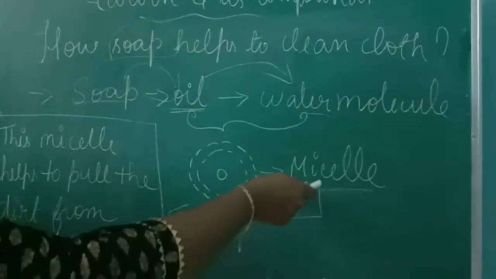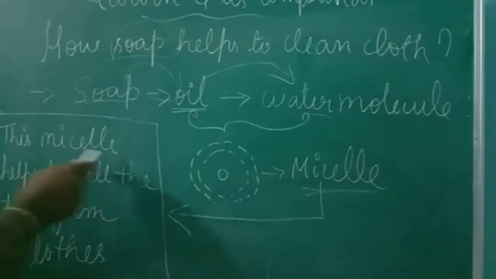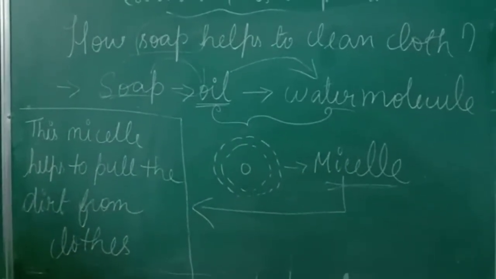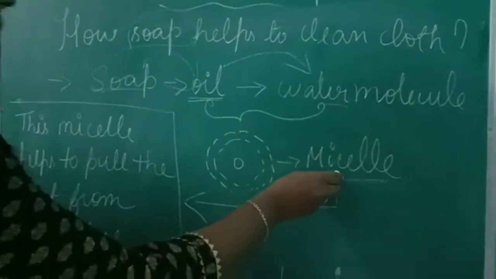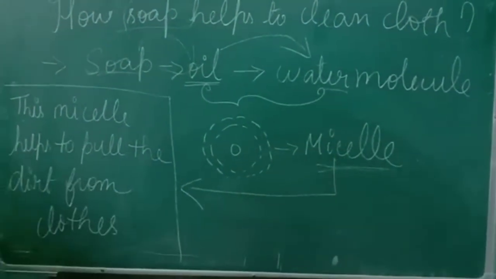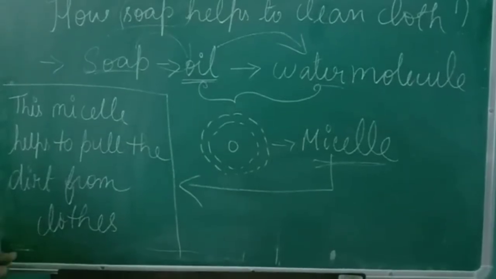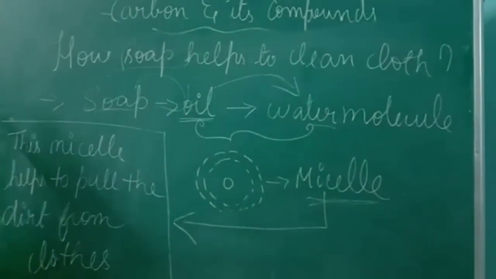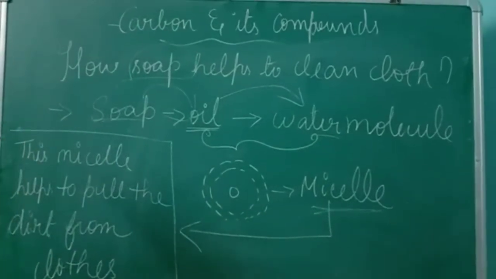And what is this micelle? How does it work? This micelle helps to pull the dirt from the clothes. The main work is done by the micelle. It pulls the dirt present on the surface of the cloth. This is the phenomenon taking place inside the water.